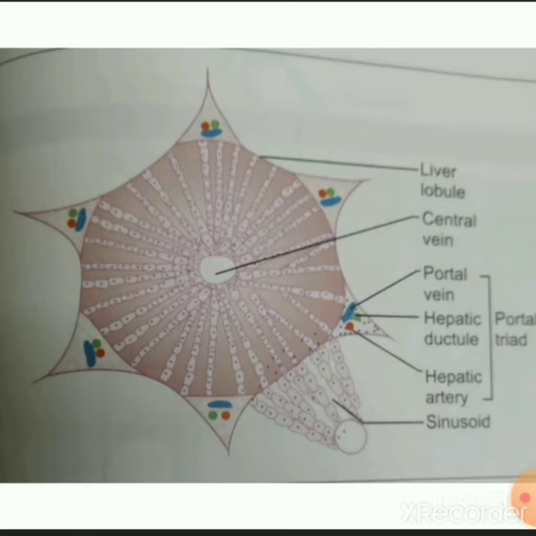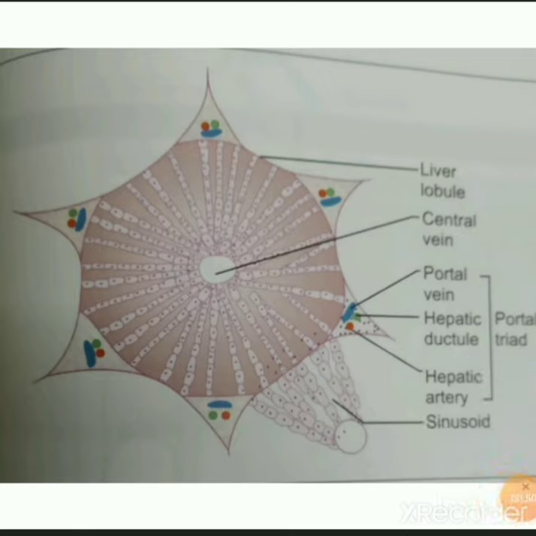At the periphery of each lobule there are angular intervals filled with connective tissue. Each such area contains a branch of the portal vein, a branch of the hepatic artery, and an interlobular bile duct.